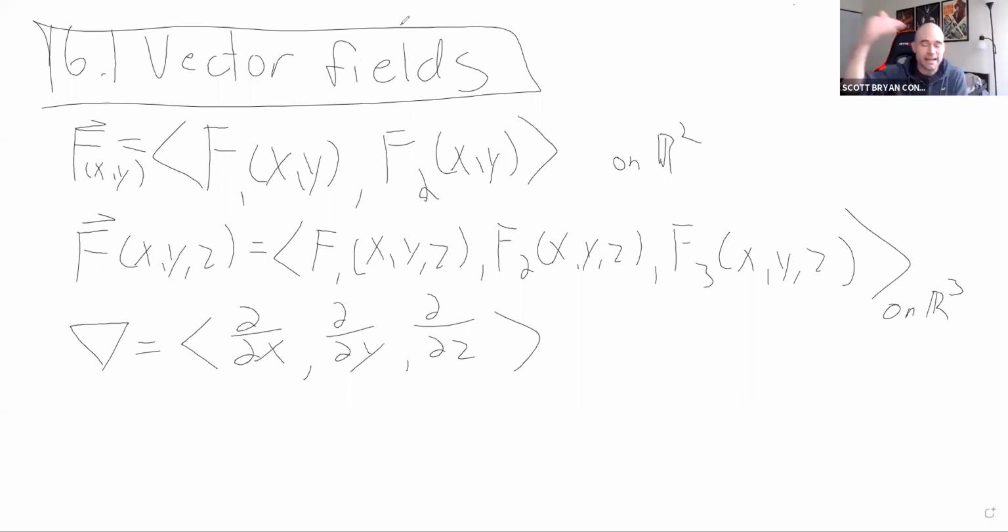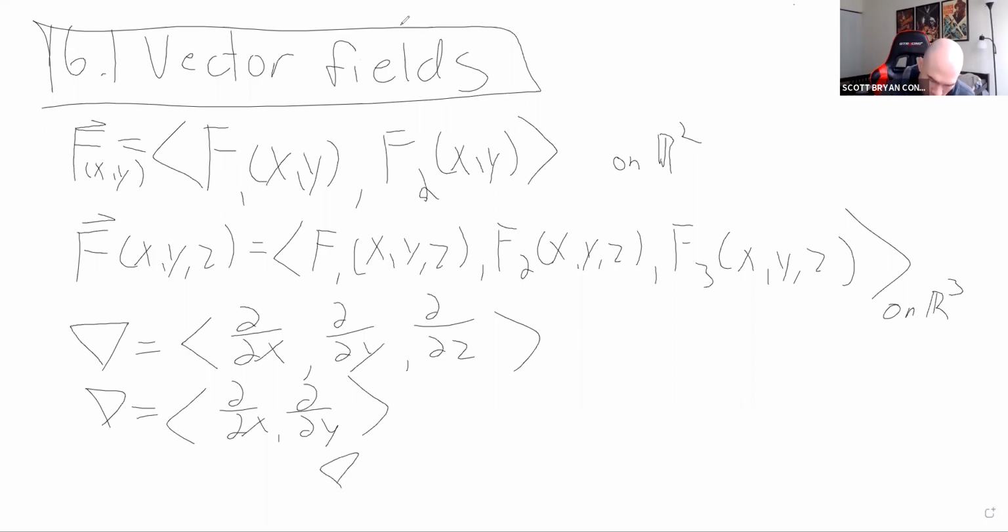So d/dx, d/dy, d/dz if we're in R3, or if we're in R2, d/dx, d/dy. And we treat these just like normal vectors, and we can do operations that we normally do on vectors. So we can multiply this vector by a scalar function.